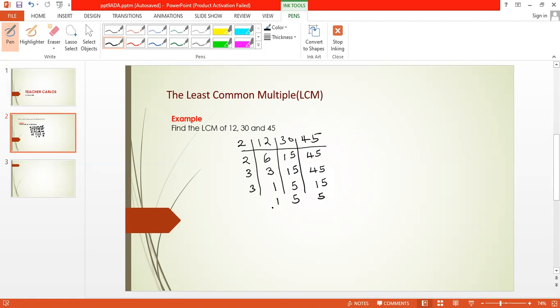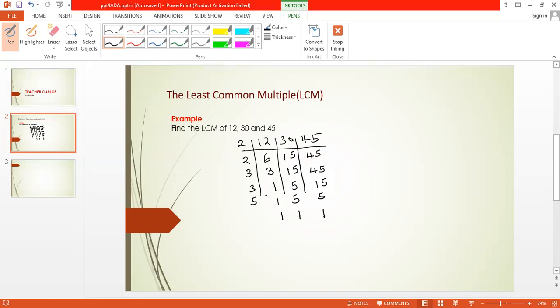Then the least prime factor that can go into 5 and 5 is 5, so we get 1, 1. So at the end, we must have 1, 1, and 1. In this case, you have divided these numbers completely.